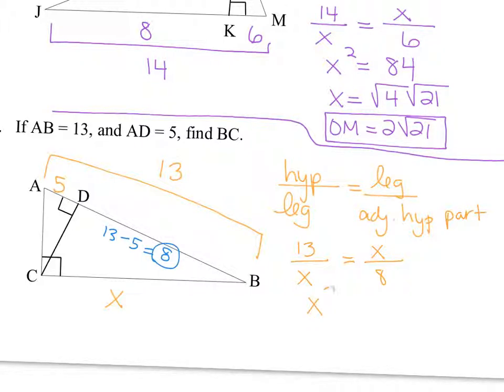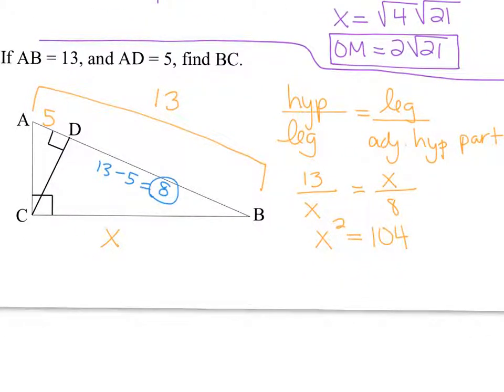Leaving us with x squared equals 104. And the largest perfect square that goes into 104 is 4 times 26. And we now have that CB, or BC, equals 2 root 26.